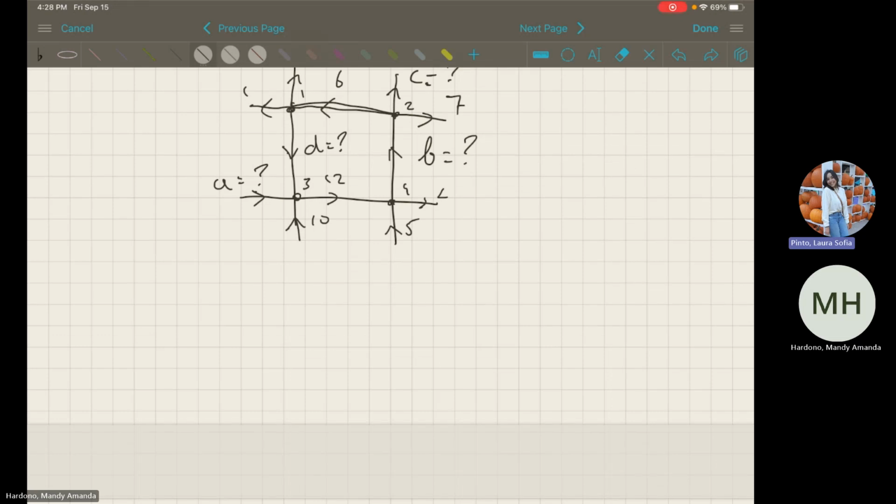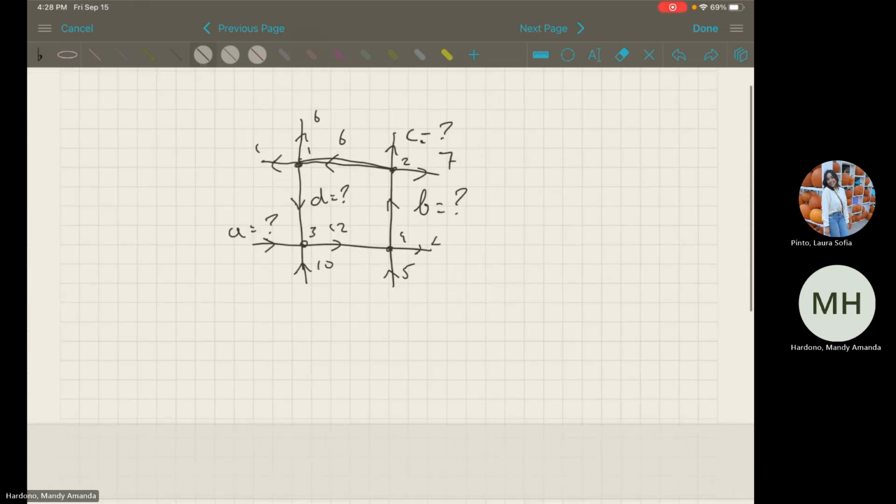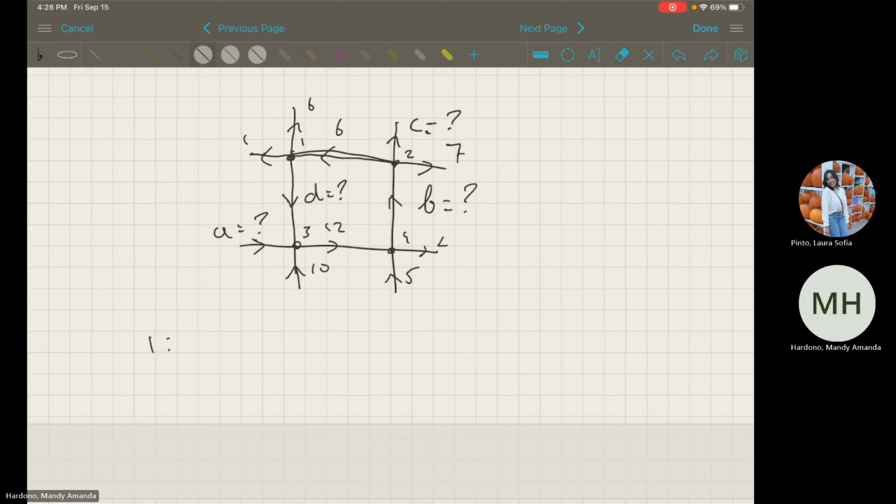Okay, we'll first look at spot number 1. If you look at 1, you have how much current entering the node? 6. Have D leaving. Yes. So 6 should be equal to 6 plus 1 plus D. You can then solve for D, right?